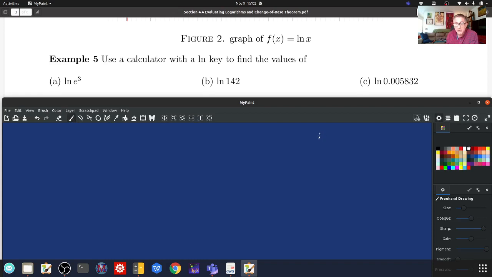So remember, ln of e to the third is equal to log to the base e of e to the third. So if that's equal to x, that implies e to the x is equal to e to the third. So x is clearly equal to 3.